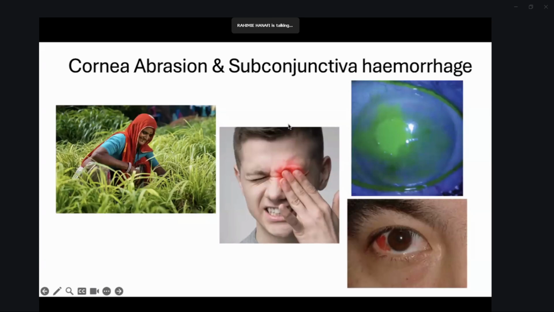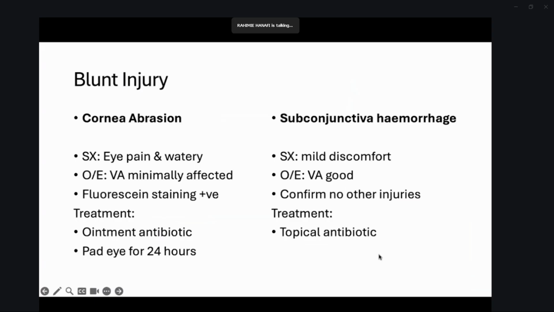You can see here the photo with fluorescein, with positive staining of the fluorescence. That one is the corneal abrasion, and the second photo downwards is the subconjunctival hemorrhage.